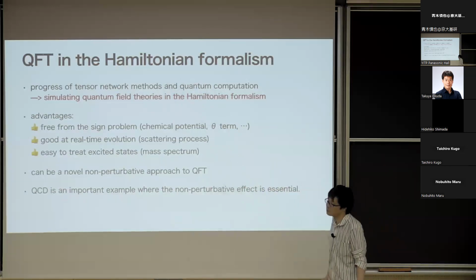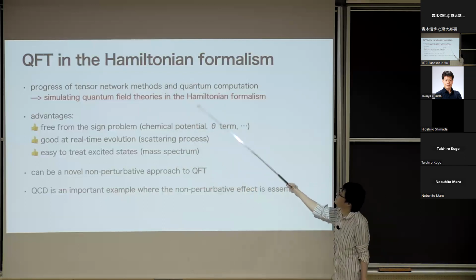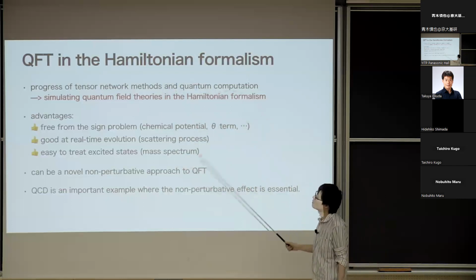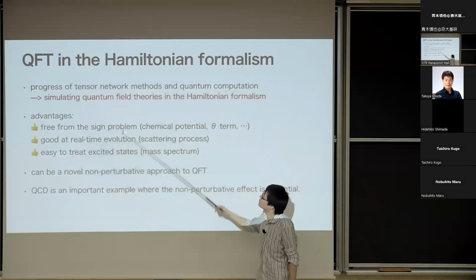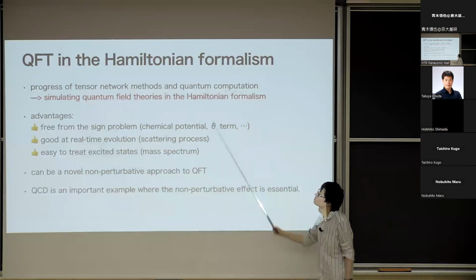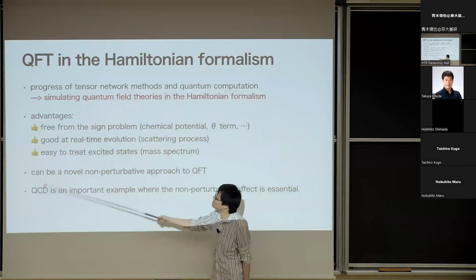So recently, tensor network methods and quantum computers are rapidly developing. So this fact motivated us to simulate quantum field theory in the Hamiltonian formalism. The reason is that there are some advantages like this.